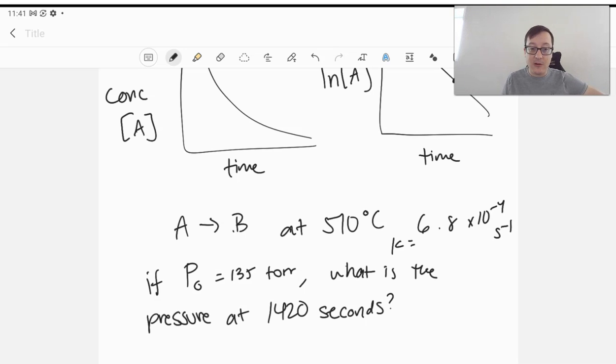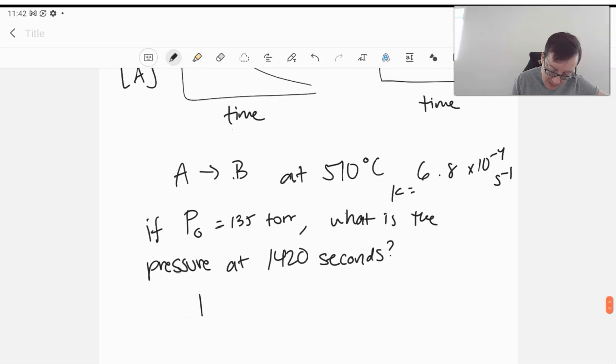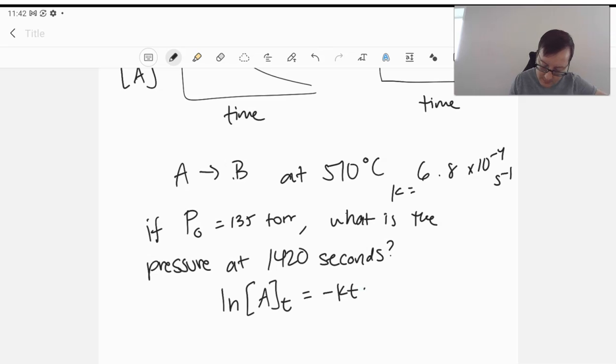So if our initial pressure is 135 torr, we can figure out the pressure at 1420 seconds by using our integrated rate law. So this is something you'll probably watch to learn, right? This formula, ln A_t equals negative kt plus the natural log of concentration at time 0.